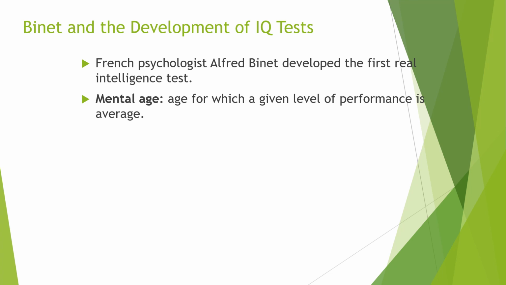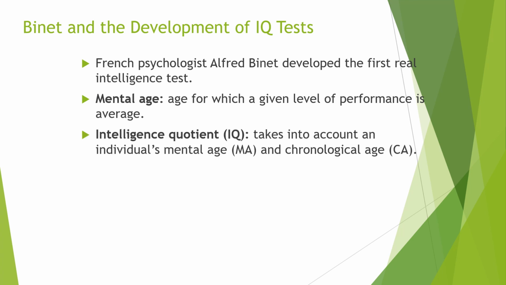So you have two different ages: your chronological age, how old you are, and your mental age, your average given level of performance. You take both your mental age and your chronological age and put them into an equation in order to find out your IQ.